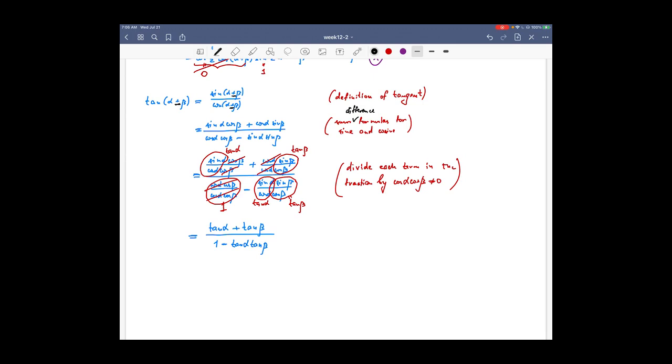So sine of a difference makes a minus here. Cosine of a difference makes a positive sign here. So this would be minus, this would be a plus, and so this would be a minus, and this would be a plus.